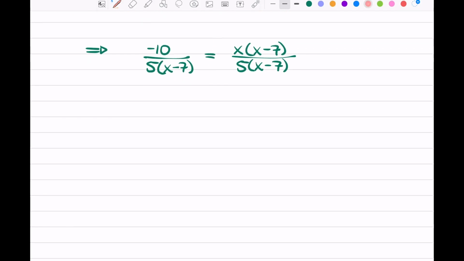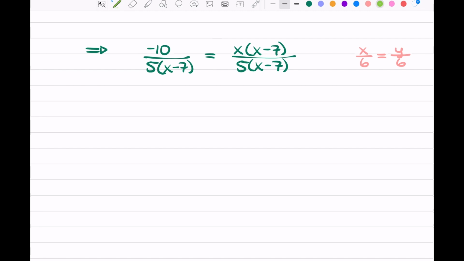Let's take a step back and consider a simpler example. Let's say I had a fraction, x over 6, and another fraction, that's y over 6. And what if I told you that these two fractions are equal? What could you tell me about x and y?